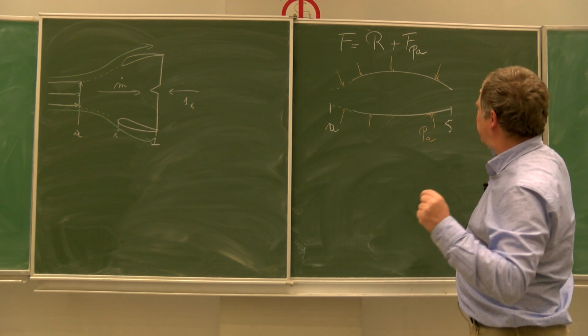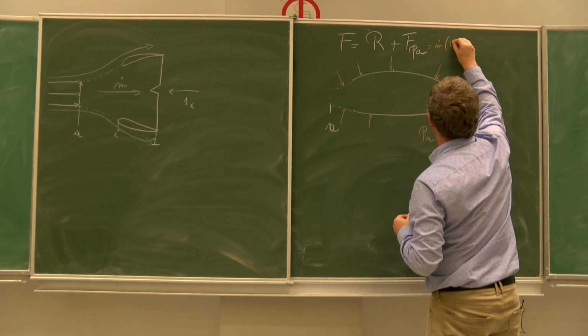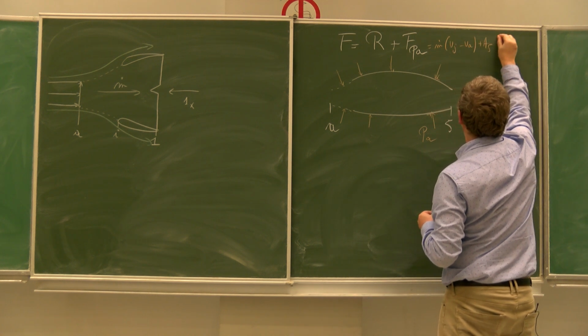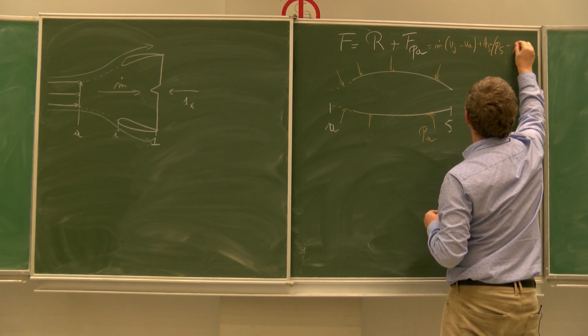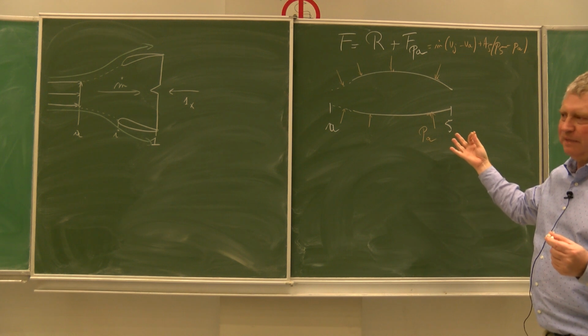And we have got the equation that we have called m dot (v jet minus VA) plus A5 (P5 minus PA) is coming from there.